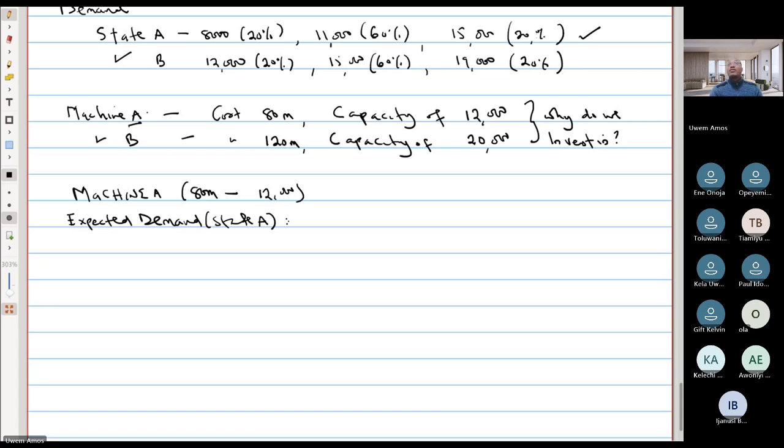We're going to multiply the demand by the probability, and then we add it up to get the total expected value. However, bear in mind one key detail in this question: when you have demand versus capacity, your sales for that period would be the lower of the two.